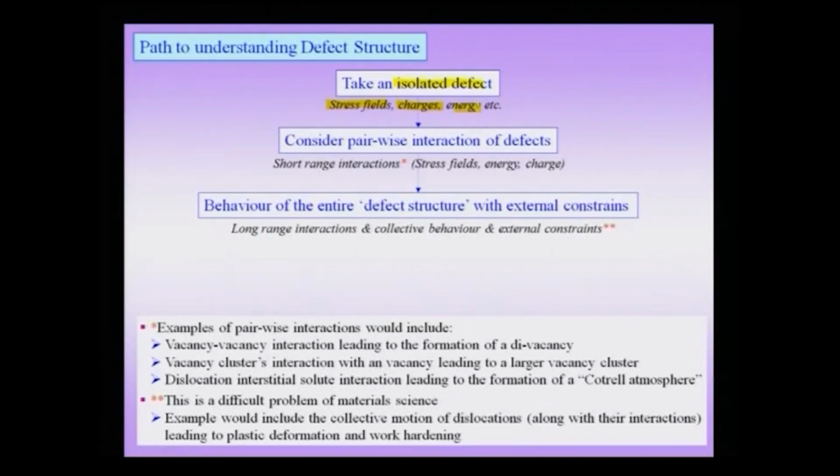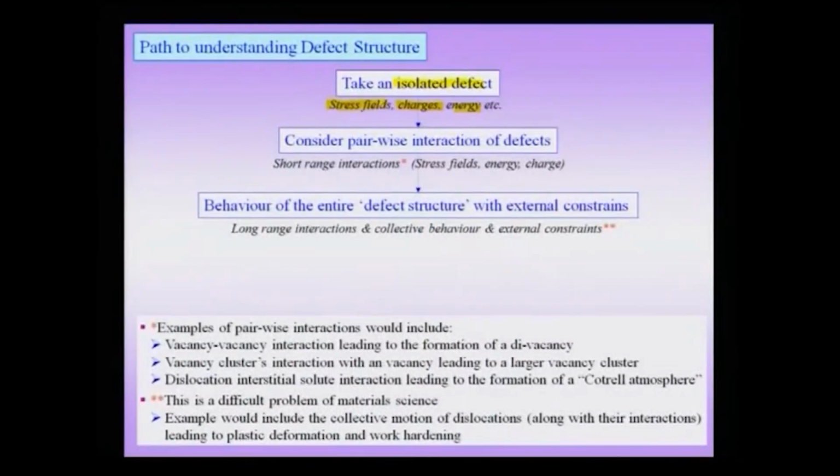So, when I am talking about an isolated defect, it simplifies my problem of understanding the larger picture of the defect structure, and I have to approach this isolated defect given all the facets of the problem. For instance, this isolated defect can talk to other defects via the long range stress fields with which it is associated.